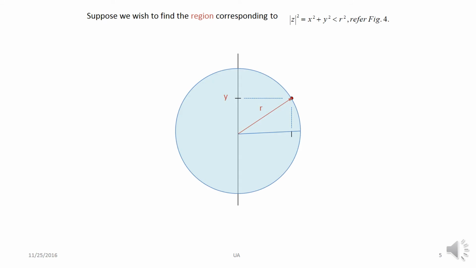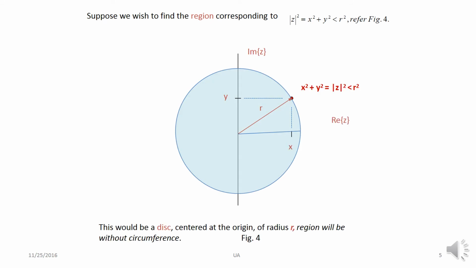Now let's see, suppose we wish to find the region corresponding to mod z square equal to x square plus y square, which is less than r square. This is in figure 4. The whole area inside this circle is the region, because it is less than r square, so the boundary does not come into the picture. We take the whole region inside this circle.